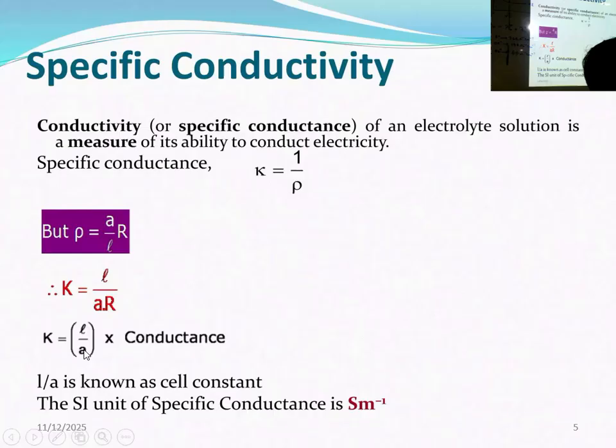We have taken L by A equal to 1. This L by A parameter is called cell constant. It may not always be 1. In our case it was 1, because for simplicity the manufacturers make it 1, but it can be other values also. So that is the importance of the cell constant. Cell constant is a parameter L by A.